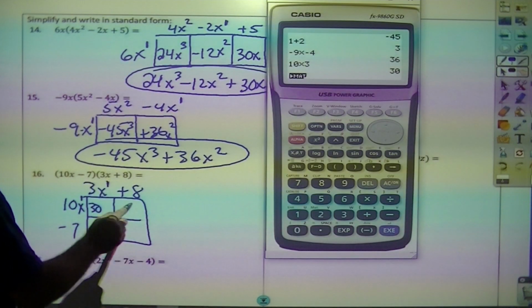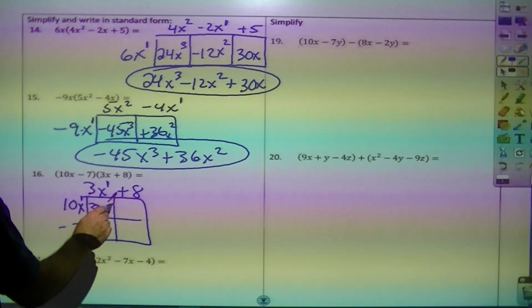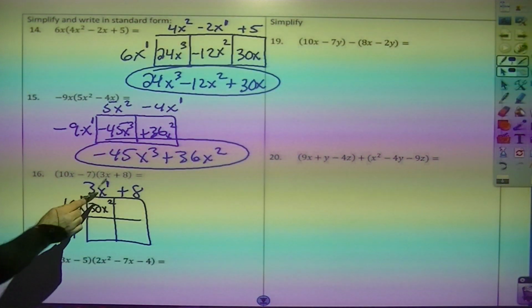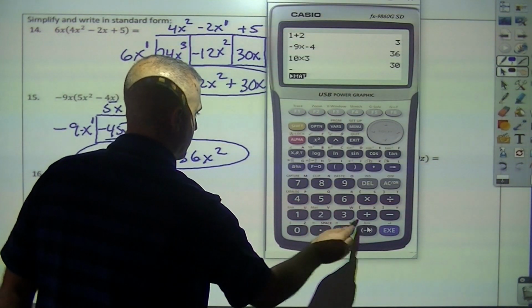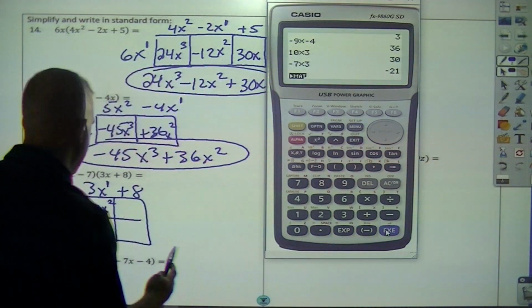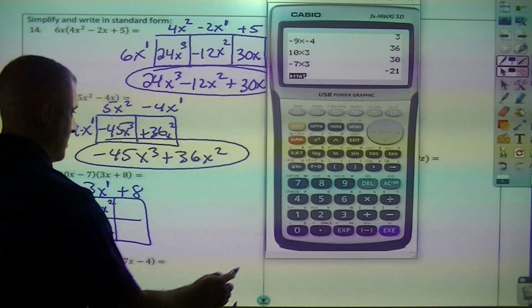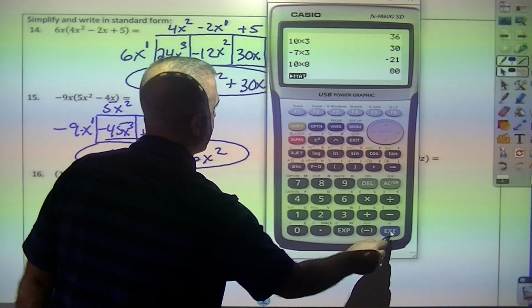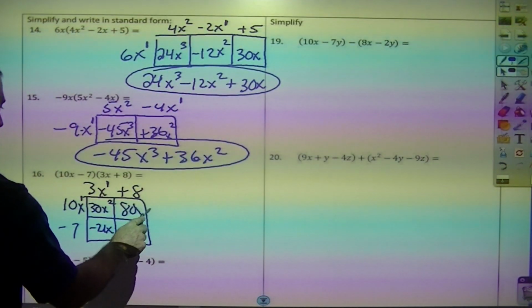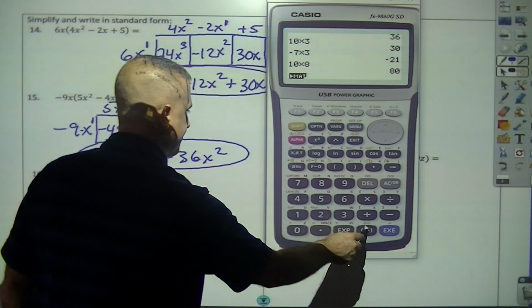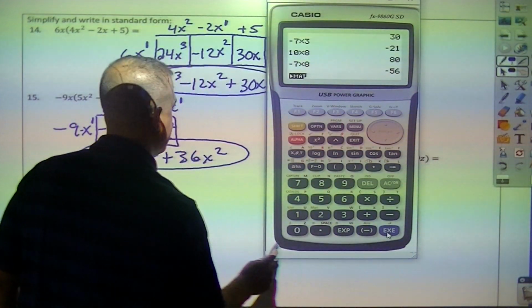If I add the exponents, that's 1 and 1, which would be 2. Negative 7x times 3x, you can just multiply that in your calculator and make that negative 21x. 10x times 8, so 10 times 8 is 80x. And then negative 7 times 8 is negative 56.